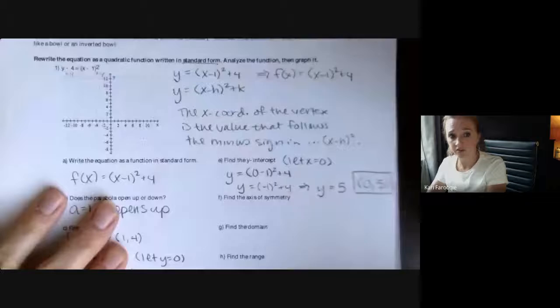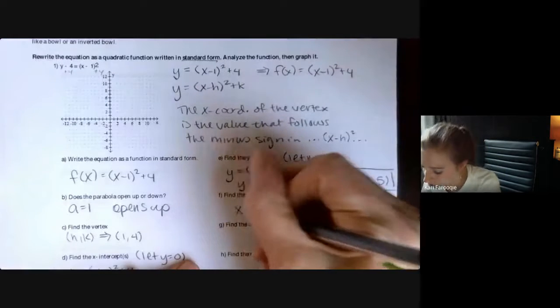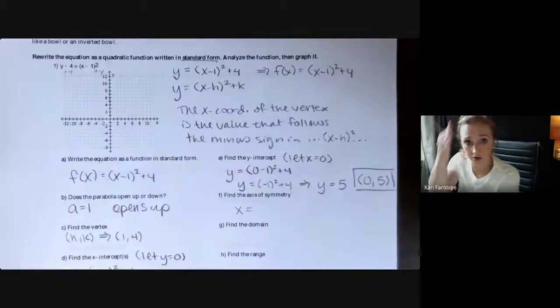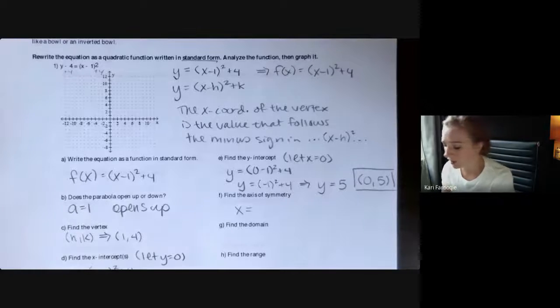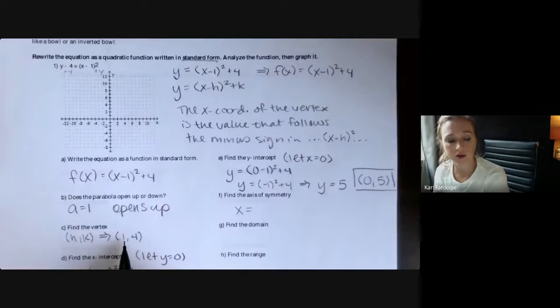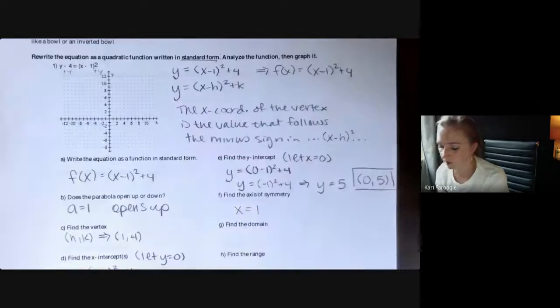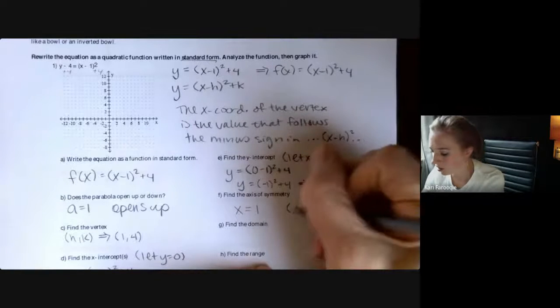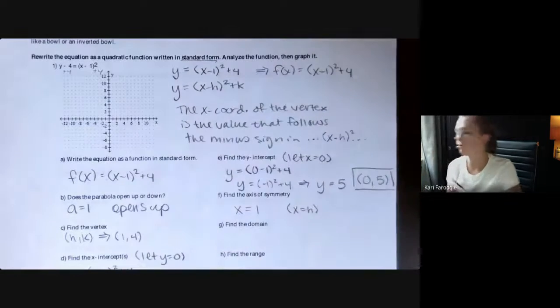So your axis of symmetry is always going to be written in the form of an equation. It is the equation of a line, and it's just going to be whatever the x coordinate of your vertex is. So here we have a vertex at (1, 4). That means that the axis of symmetry is x equals 1, and that's because our axis of symmetry is always at x equals h.